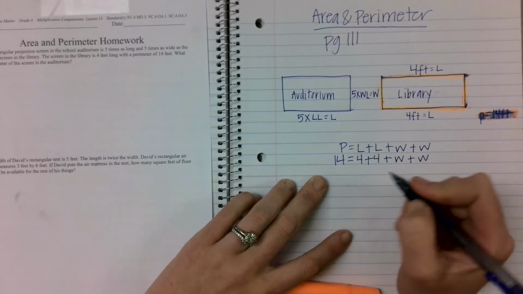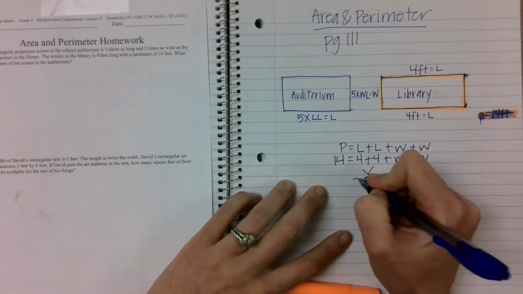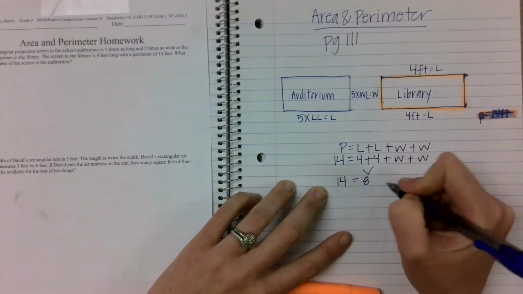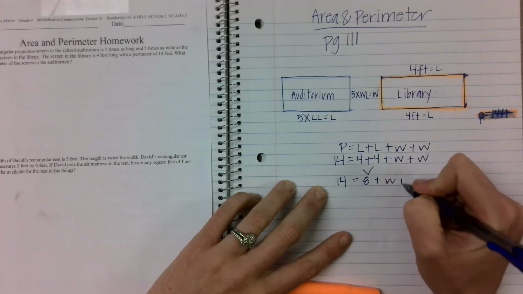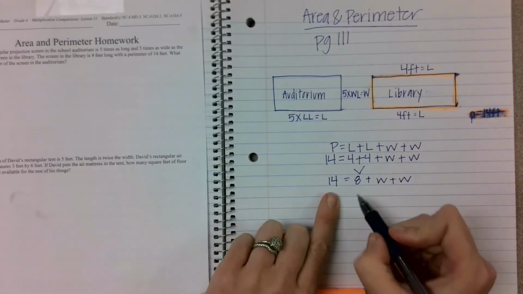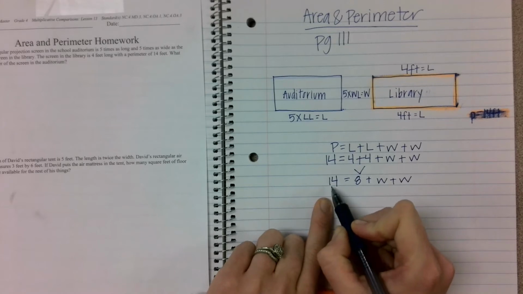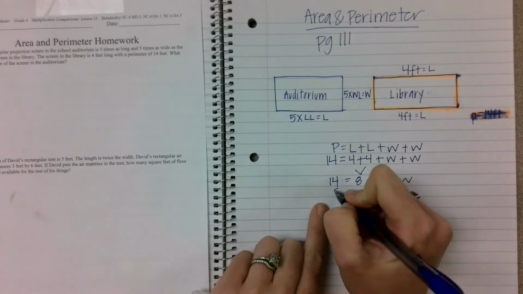I'm going to combine what I know. I know that 4 plus 4 equals 8. Now I see that this is a positive 8. I am going to bring this 8 over to my 14 and I'm going to subtract it.